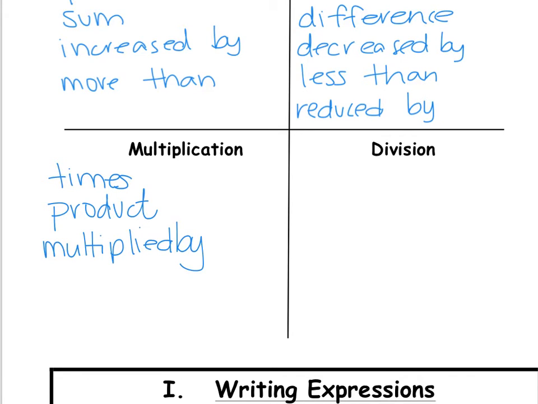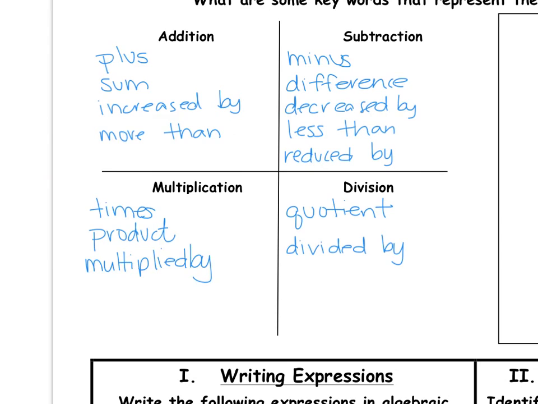Division, not so many. The answer to a division problem is a quotient. So what is the quotient of 15 and 3? And divided by. So we're going to use all of these terms for addition, subtraction, multiplication, and division to take words and put them into numerical expressions.